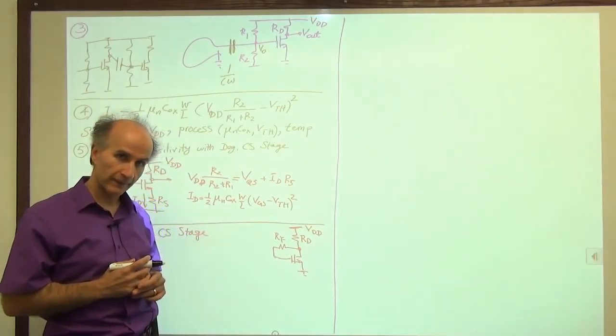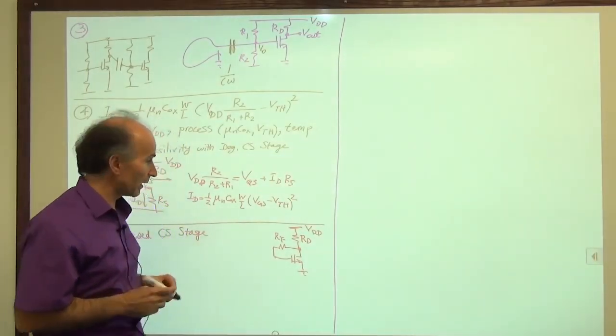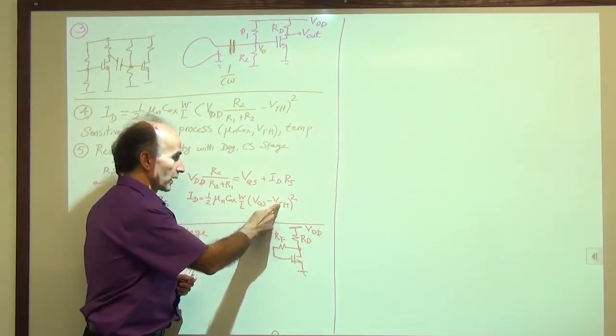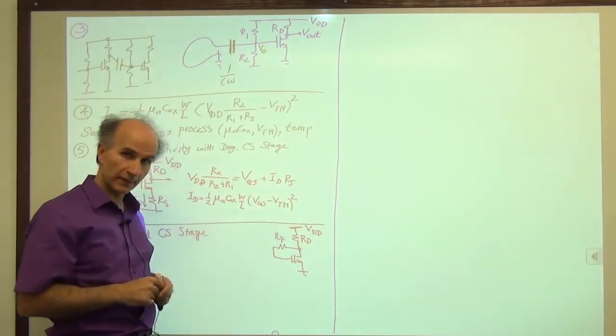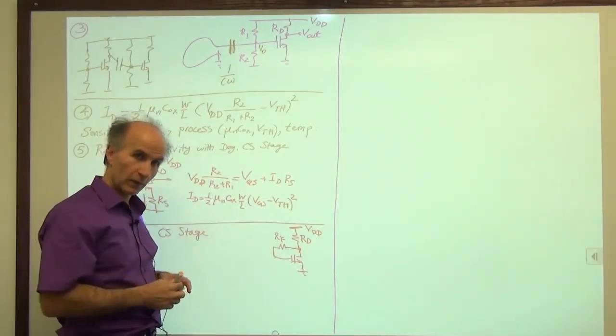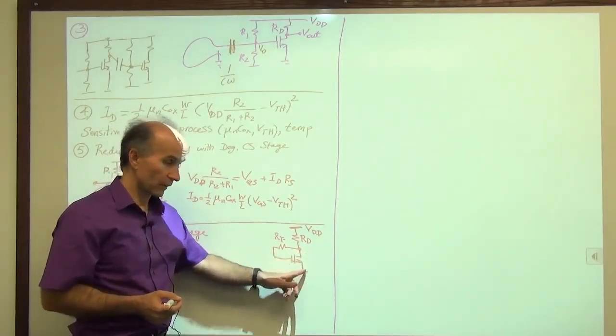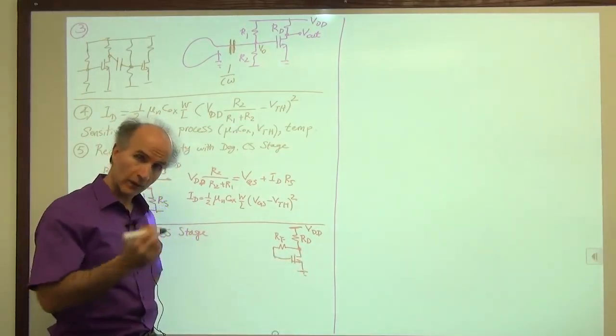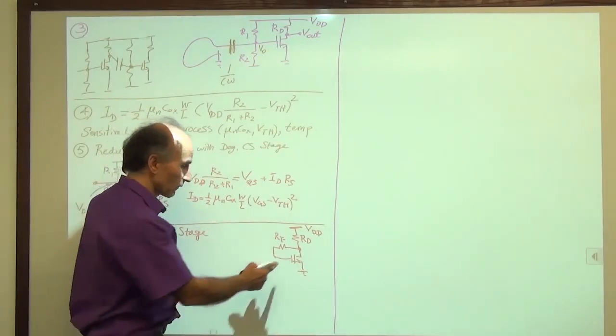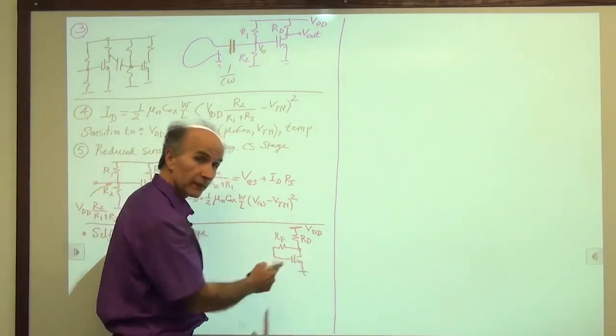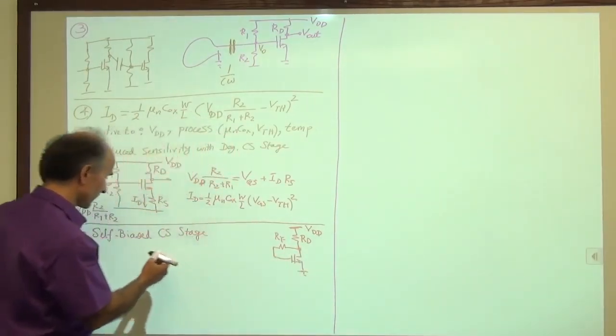Because the threshold voltage is less, we expect that the current wants to increase. So we expect that the device now wants to draw a larger current. Let me write these step by step.